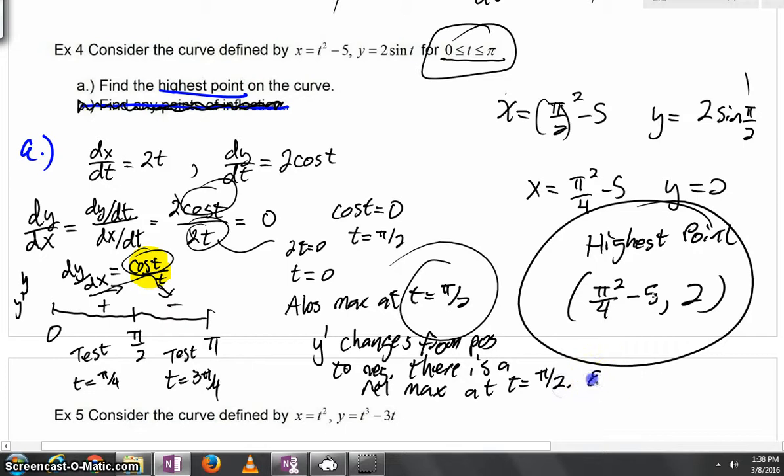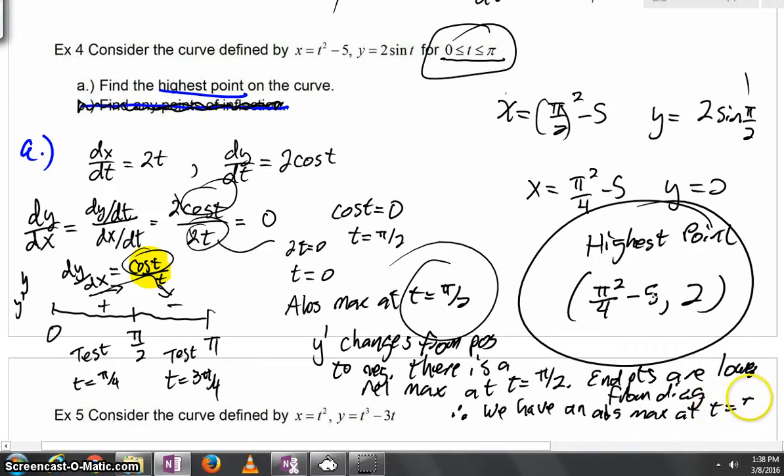You could say the endpoints are lower from the diagram if they're asking you to really put all that detail in. Therefore, we have an absolute max at t equals pi over 2. Okay? So that would be the justification. You'd want to talk about a change in the sign of the derivative.